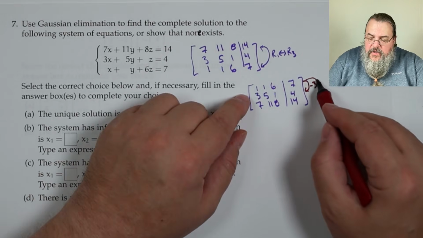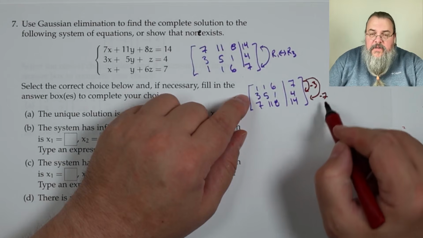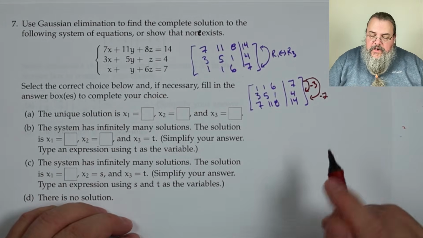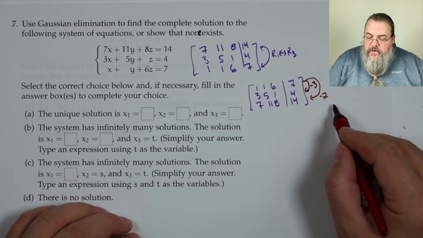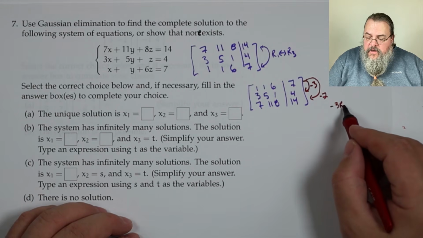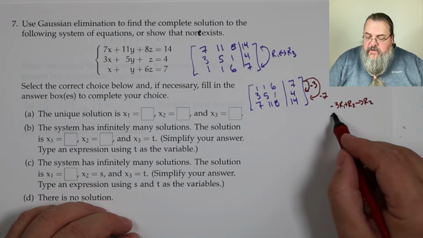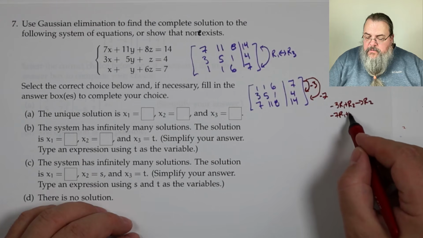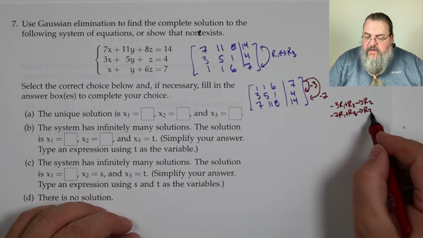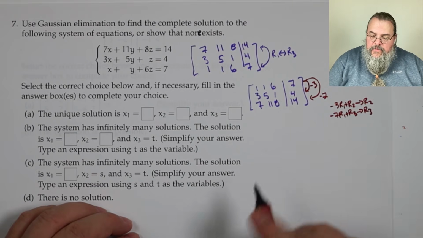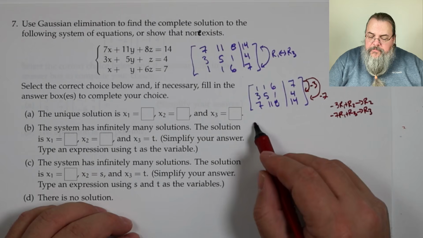Similarly, if I multiply the first row by -7 and add to the third row, I'll get rid of what I need. So -3 row 1 plus row 2 becomes our new row 2, -7 row 1 plus row 3 becomes our new row 3. That's the notation for the operation going on.